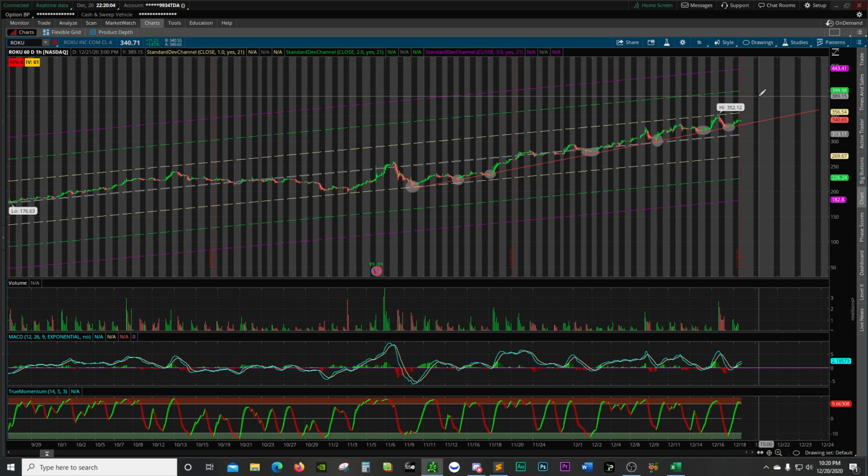It could very well do the opposite. But I will tell you that true momentum looks like it's turning red. So you might see it do something like this point, where it broke through the trend and then went back above it. Make sense? Yeah, yeah. Thank you.